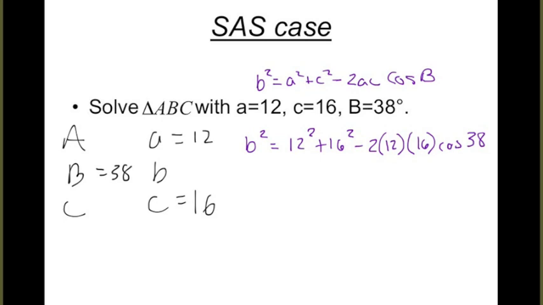So I know side A, I know side C, and I know angle B. So on that right-hand side of the equation then, everything is a button I can press on the calculator. Okay, they're all numbers, pluses or minuses, squares, and cosines. Those are all buttons on the calculator. So I can type all of that into the calculator in one piece.